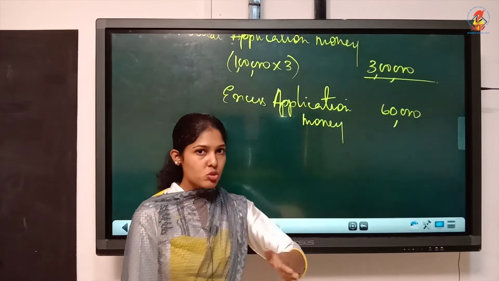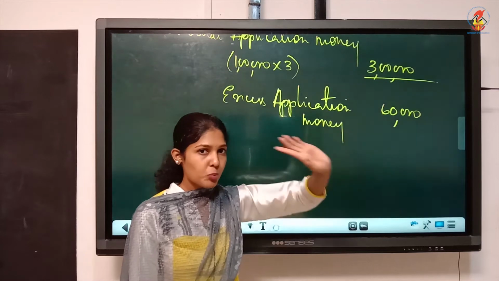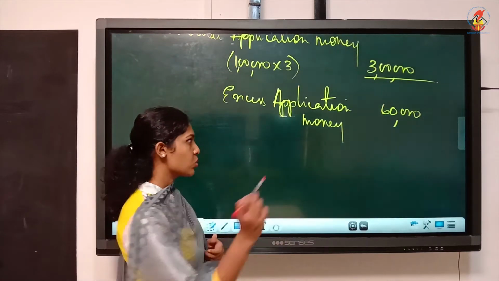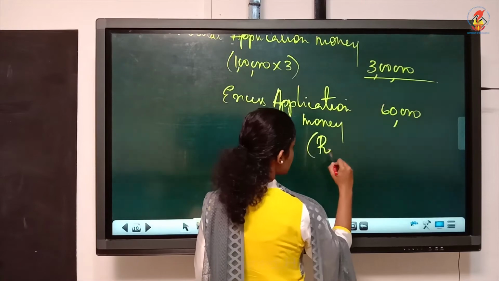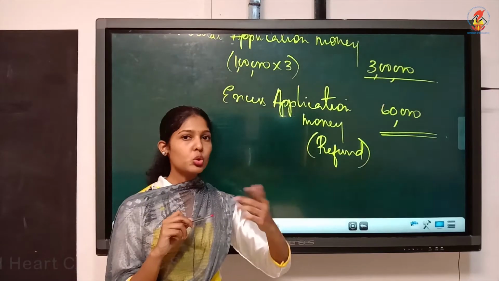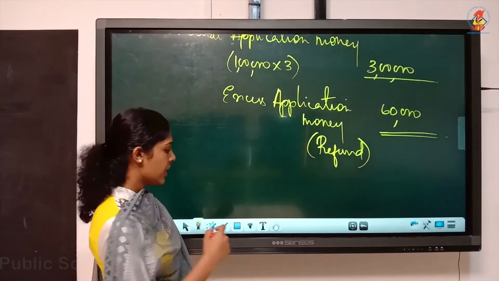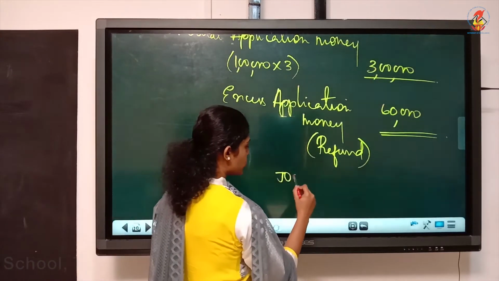The shares will be rejected. The amount will be refunded. So 60,000 rupees we will refund. You write within brackets: rejection and refund. And what's the entry for refund? Equity share application account debtor to bank. We are giving it back. Okay, so this working note must be there. Now we can start writing journal.